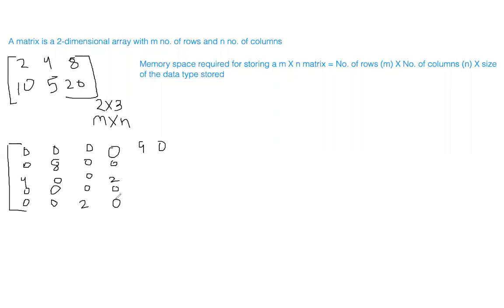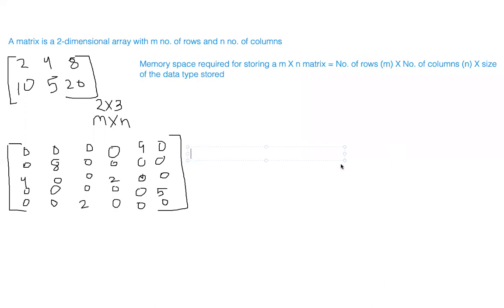So you can see in this matrix that it is containing more 0 elements than non-zero elements. So the number of non-zero elements in this matrix is very less than the number of 0 elements in this matrix.